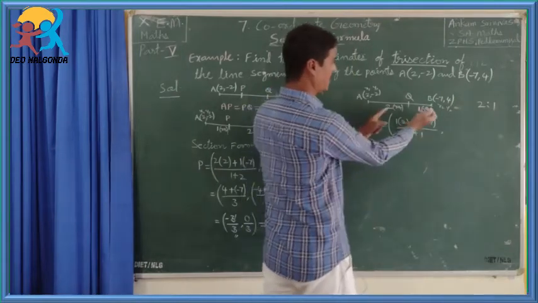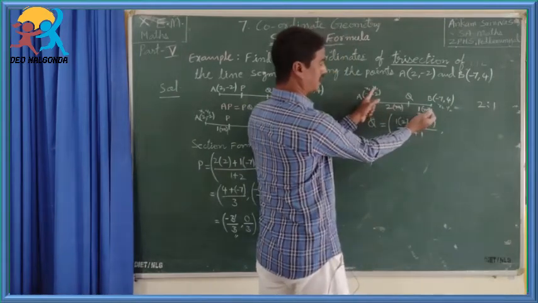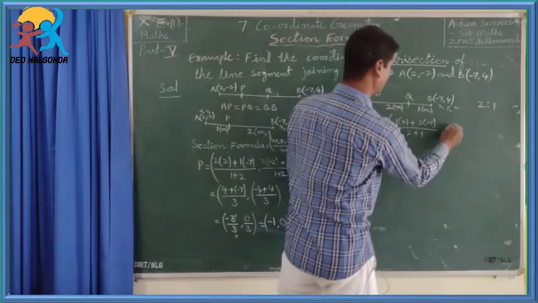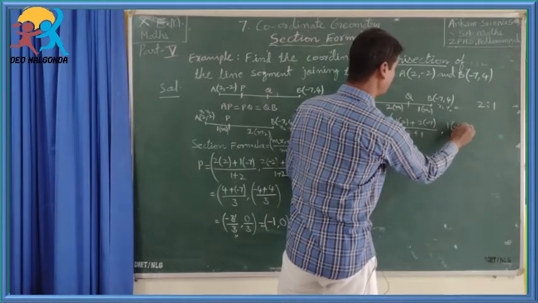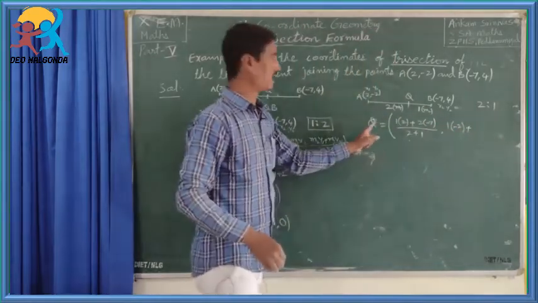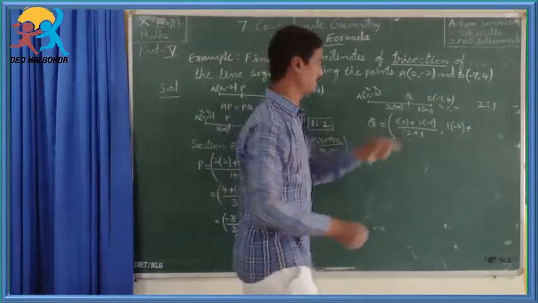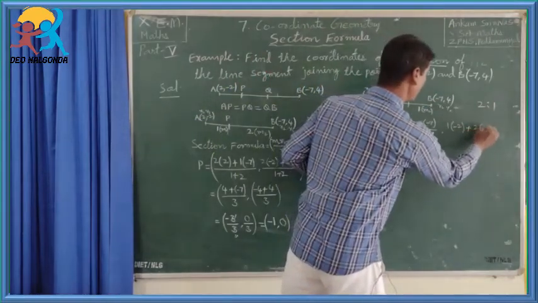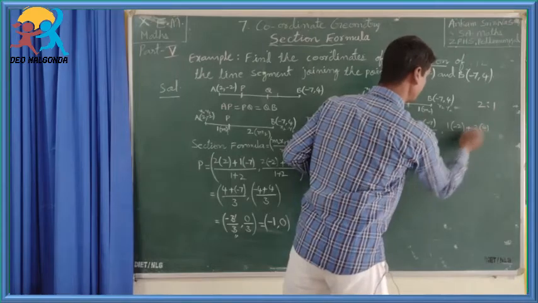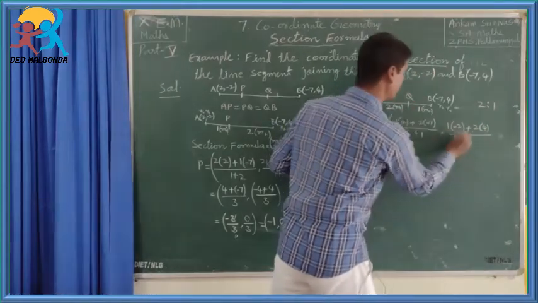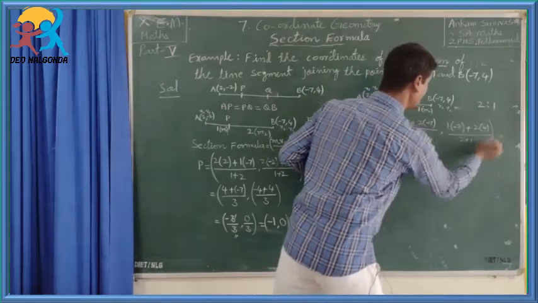Next, m2 y1, 1 of -2, plus m1 y2, 2 of 4, by 2 plus 1.